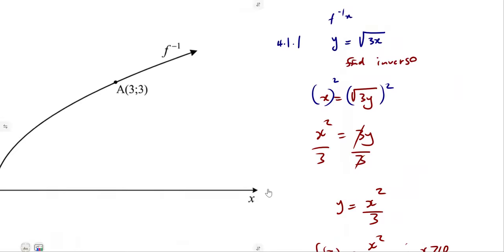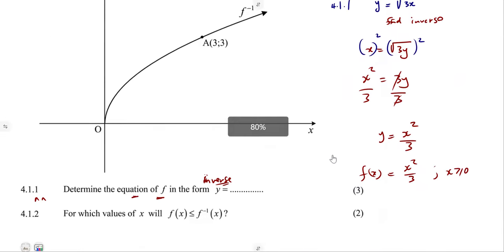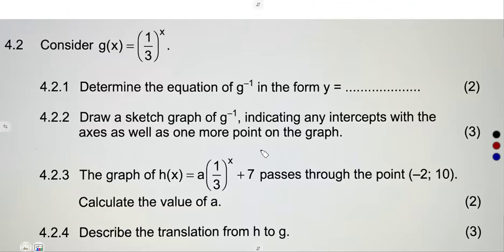So now they're saying, can we determine for which values of x will f of x be less than or equal to its inverse? Yes, we can solve that, but we can even just try to figure it out. Let me check if there's any part where they need us to draw this and that. All right, no problem.